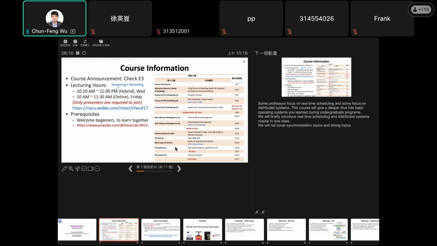It will be 2 weeks for the file system. On December 3, because I'm going to attend a conference internationally, we have no class that week. And then our final will be on December 17th. So this is the rough schedule for this semester.